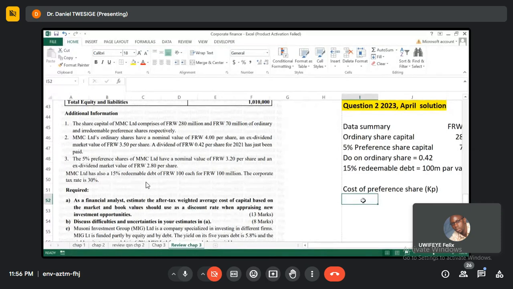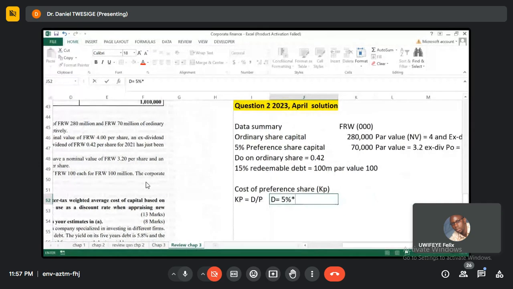For the preference, we get the Kp, cost of preference shares, as D divided by the price. Based on this data, our D is equal to 5% times the current market price for preference, which is 3.2.